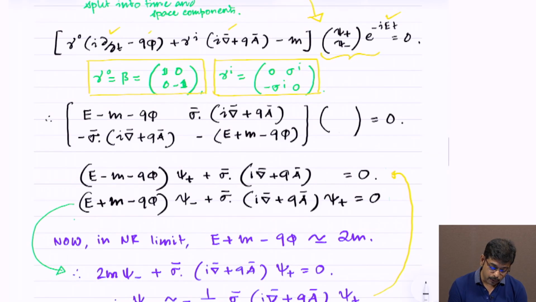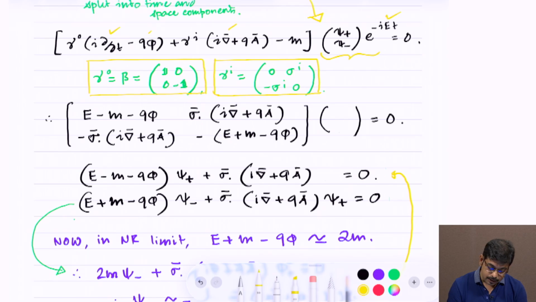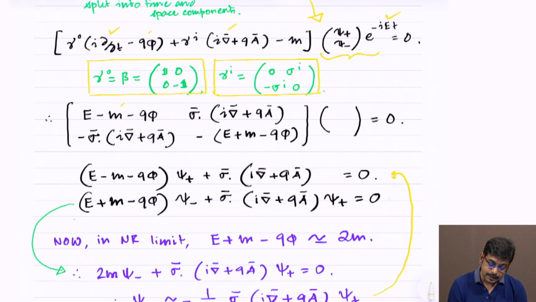And then what exactly is the form? You see that this gamma 0 has 1 here, and this del t is going to bring a minus iE from here, which gets multiplied with this i, and that brings you a factor of E. So, this is E minus m minus q phi. This is the first term, and the off diagonal entry is going to be sigma·(i del plus q A).